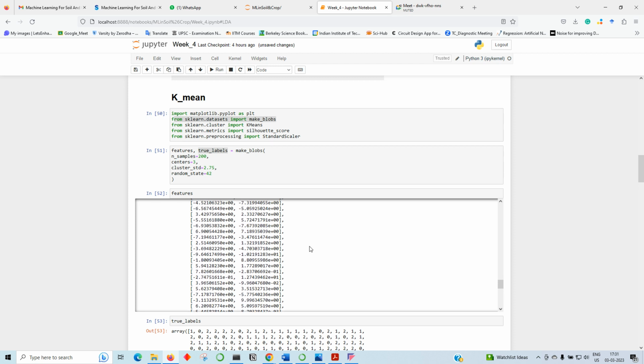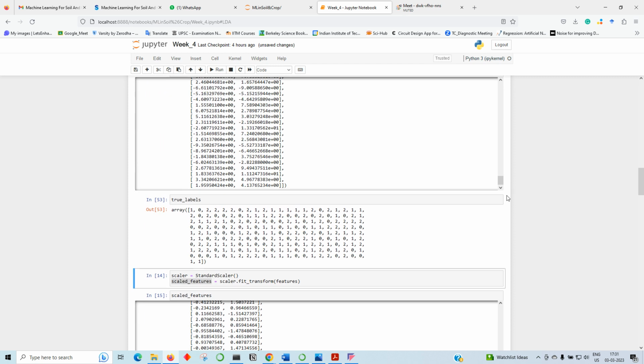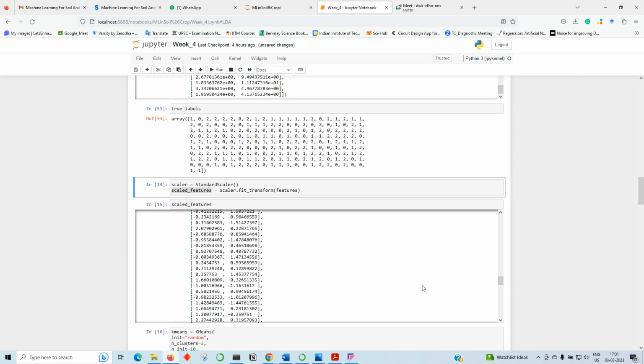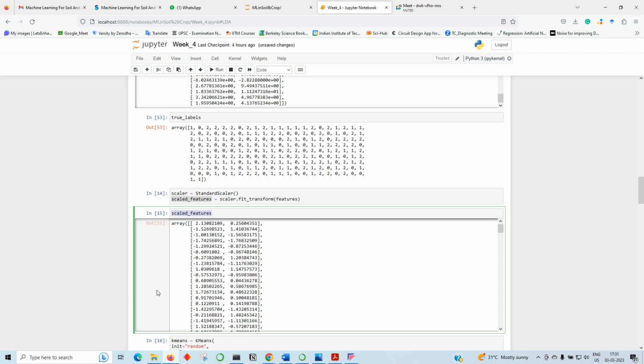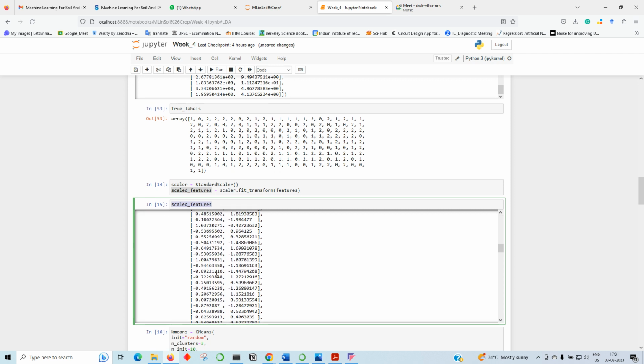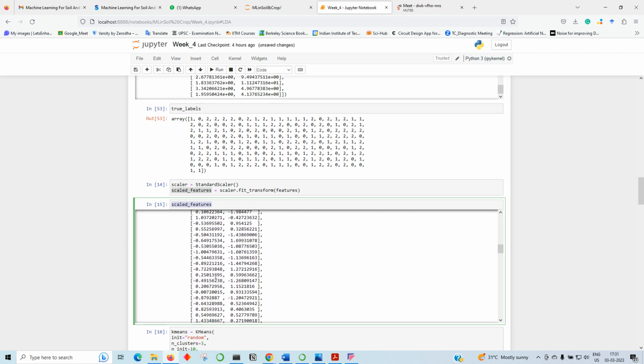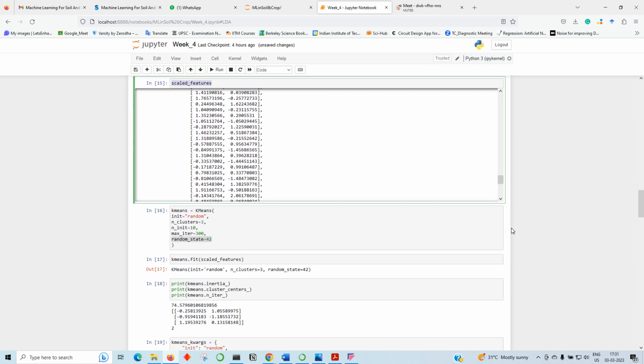What is advised is to make the values such that the mean is 0, around the origin, and the standard deviation is about 1. That's what we do. We scale our data. So these are the scaled features. You can see all the values are small. If you compute the mean, you'll see that it will be approximately close to 0, and the standard deviation will be about 1. This is our scaled data, and we'll use it for the k-means model.